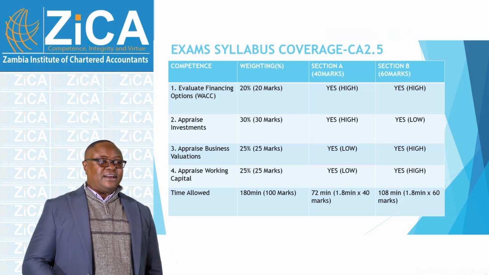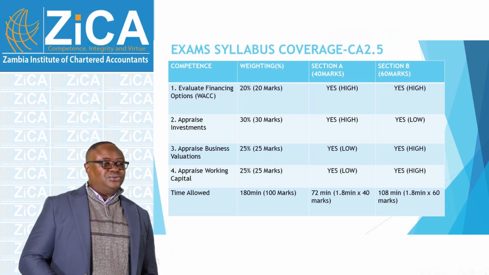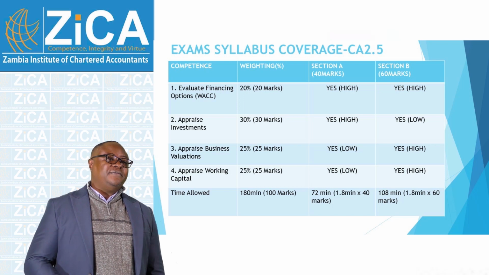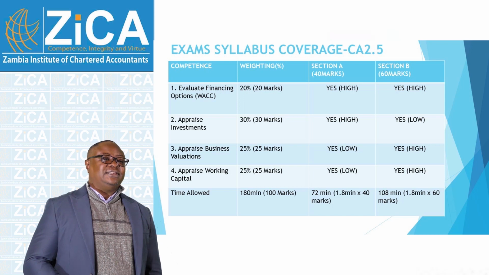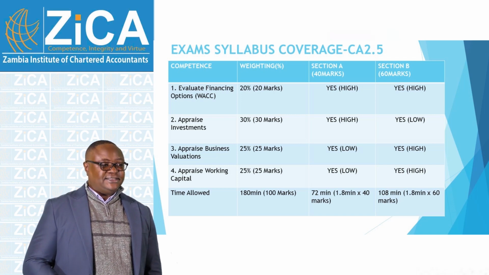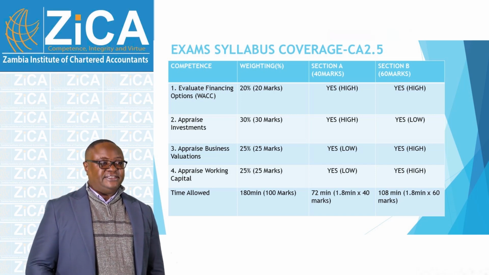The clearance point, or the pass mark, is 50. So if you just go and focus on one area, you can't pass. And again, if you focus on competence number 1 and 2, that will only account for 50 marks. What are the chances that you get everything? The chances are minimal. That's why you need to cover the entire syllabus as you are studying. Don't specialize. That's the message.